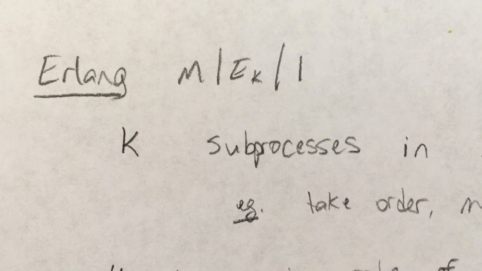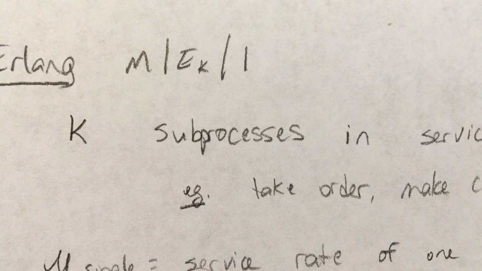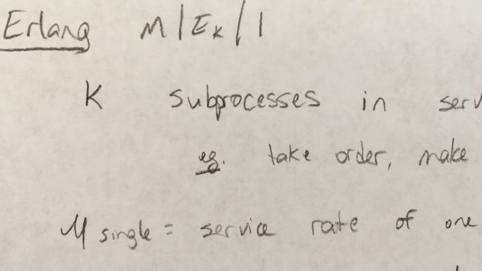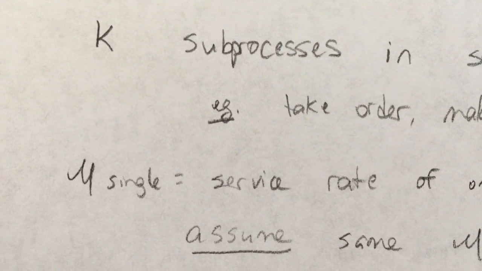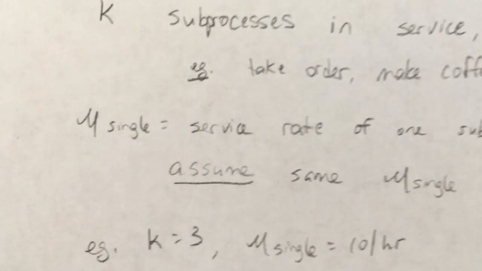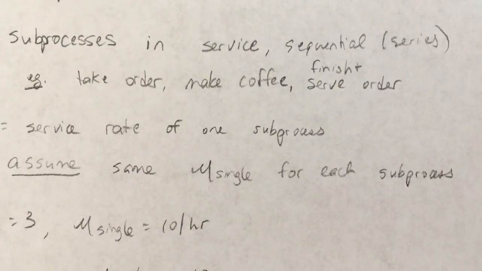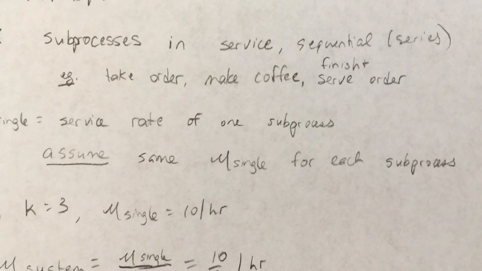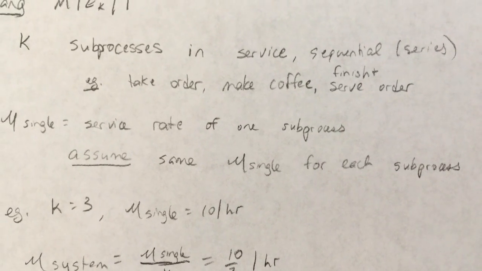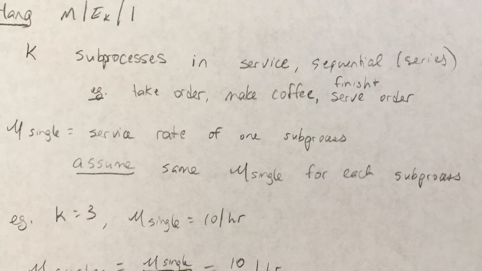So they're going to put the coffee jacket on and put the whipped cream on top or whatever else they're going to do. So let's call those 3 separate processes. And the service rate for each of those sub-processes is mu single. We're making the brash assumption that you have the same mu single for each of these sequential sub-processes. So a little bit counterintuitive, and the assumptions might be a little shaky for a lot of real-world systems, but this is what the model looks like.